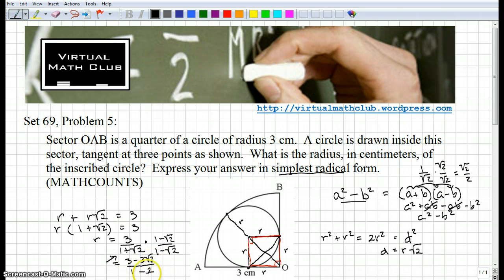Now the denominator is negative 1, and dividing by negative 1 is the same as multiplying by negative 1, so we can actually just switch these terms around: 3 square root of 2 minus 3. In simplest radical form, that's the answer. It's 3 square root of 2 minus 3.